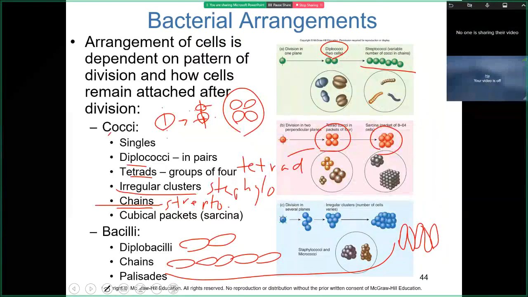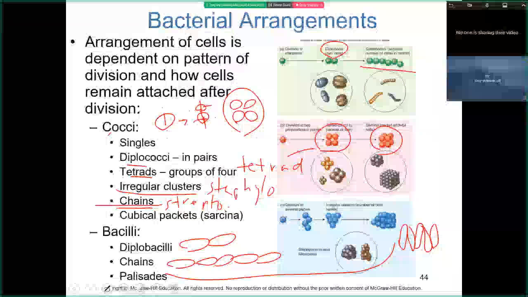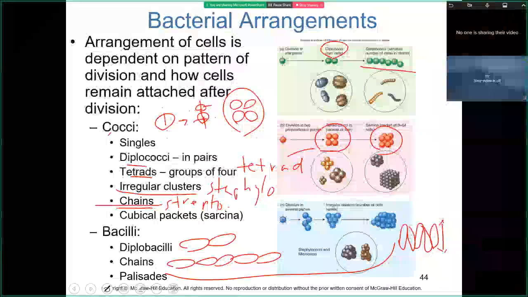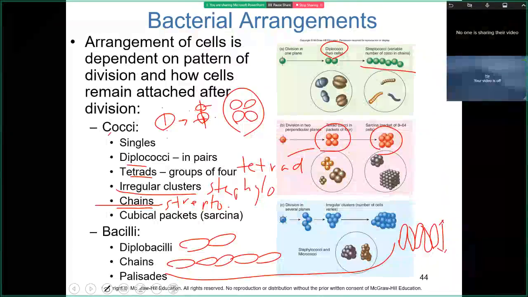So it looks like they've been compressed together in sort of an accordion type of pattern. You can see they're all pretty much oriented straight up and down. That's the palisades arrangement. That's one you can expect to see with some bacilli.